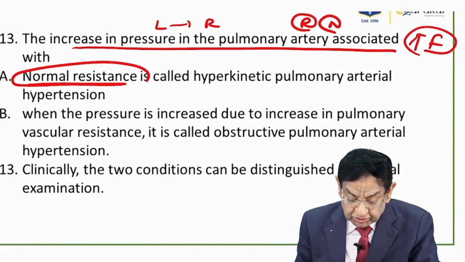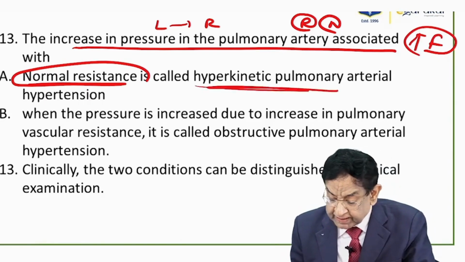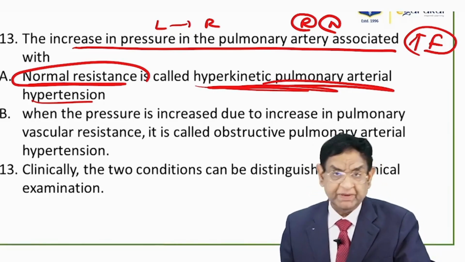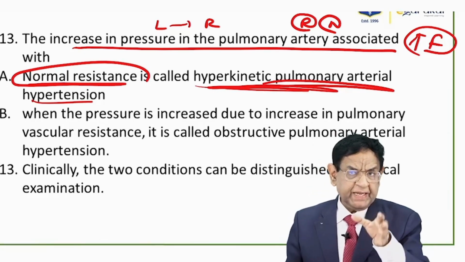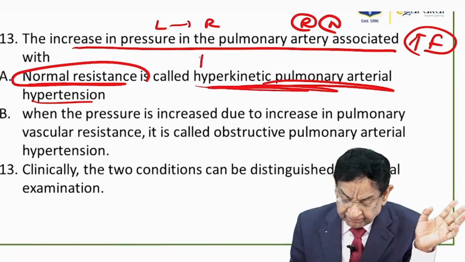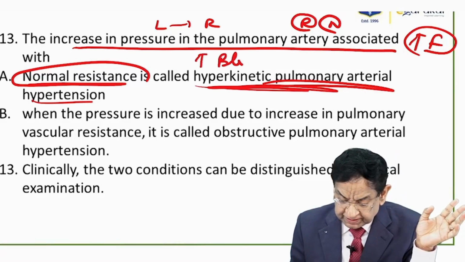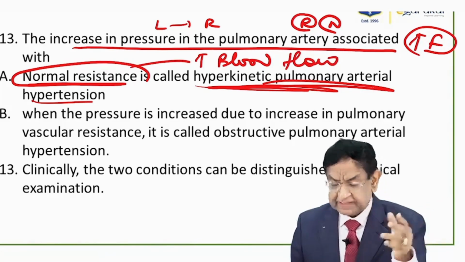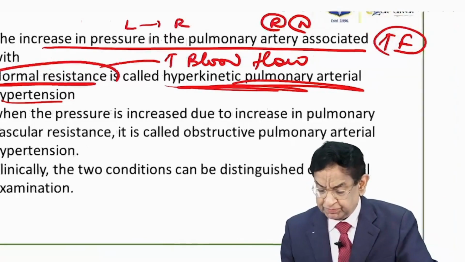So with normal resistance, we call it hyperkinetic pulmonary arterial hypertension. So PAH is occurring due to hyperkinetic, meaning increased blood flow. Normal resistance, increased blood flow, that is what I've been talking to you about.